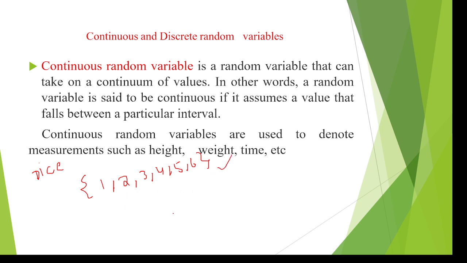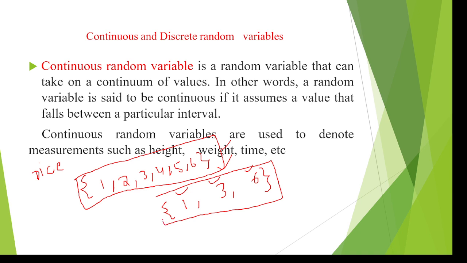If only the outcomes 1, 3, and 6 are defined out of 6 outcomes, then it is a discrete random variable. If the data is defined continuously, it is a continuous random variable.